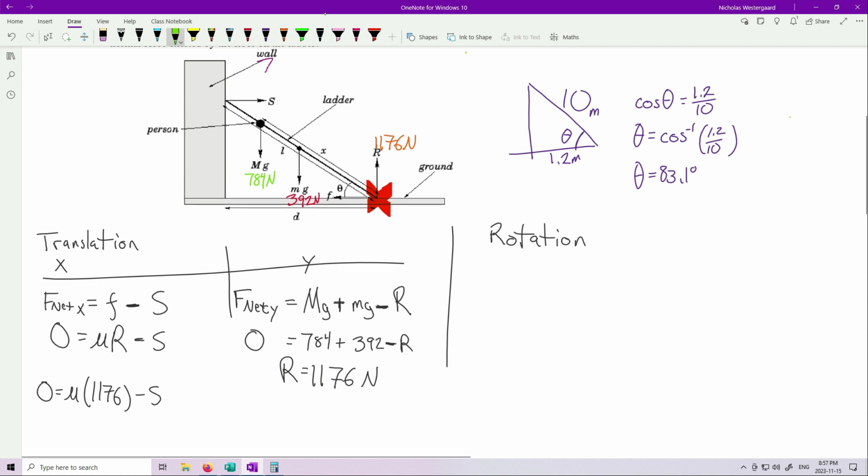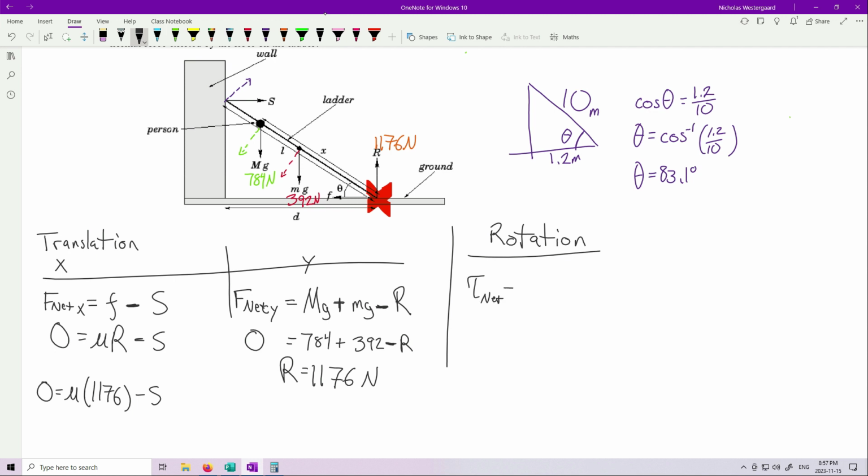We have to deal with finding the perpendicular person gravity, the perpendicular ladder gravity, and the perpendicular wall normal force. These are the ones that are going to do it. So let's take a look. Rotation.